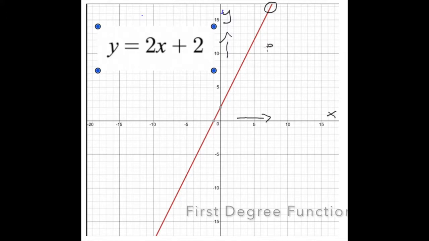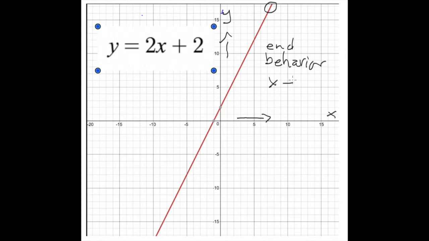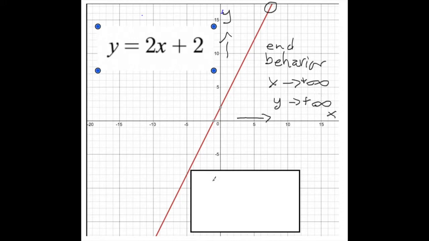So the end behavior is that as x goes to positive infinity, y also goes to positive infinity. In addition, as x goes to negative infinity, y goes to negative infinity.